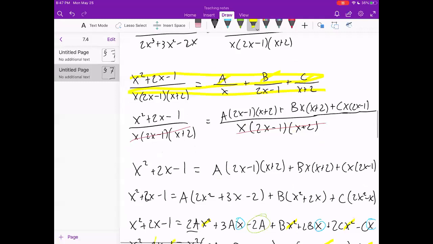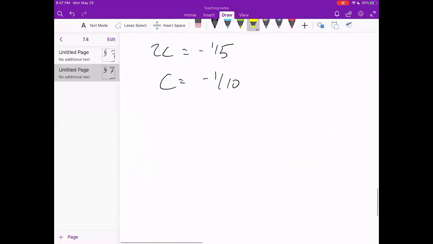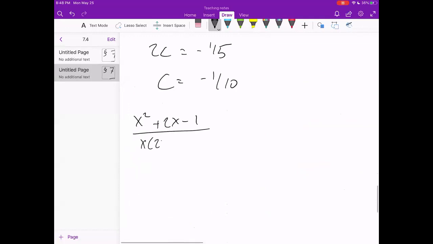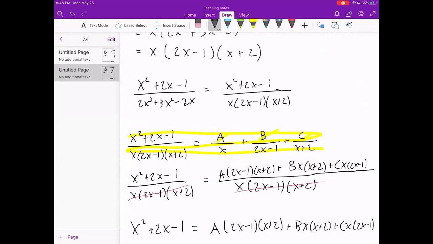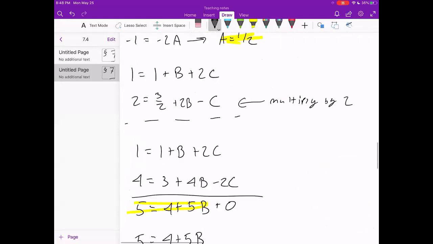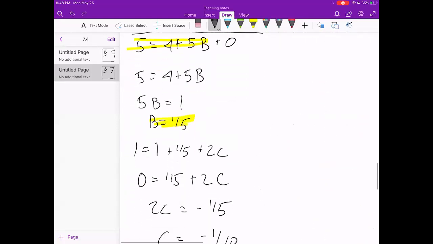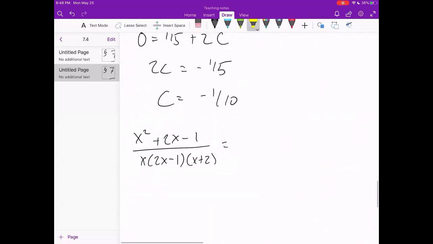So now I know x squared plus 2x minus 1 over x times 2x minus 1, x plus 2, this is my integral that I was looking at. This is going to be equal to a over x plus b over 2x minus 1 plus c over x plus 2, where I've already determined what a, b, and c are. A is 1/2, b is 1/5, and c is negative 1/10.